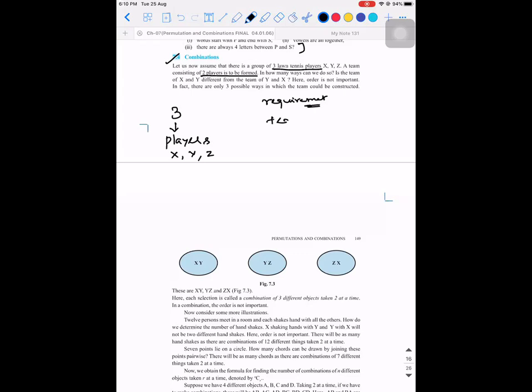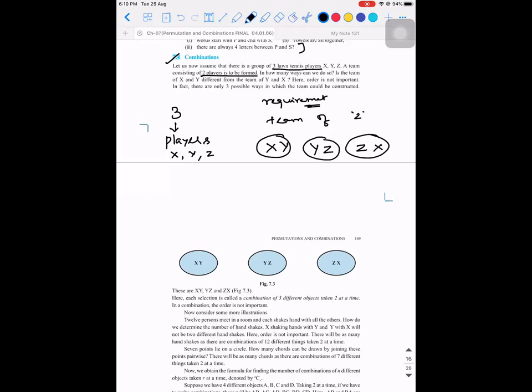The requirement is a team of 2. When they say a team of 2, what are all the combinations that are possible? X and Y can be in a team, or Y and Z can be in a team, and Z and X can be in a team. This is the case.